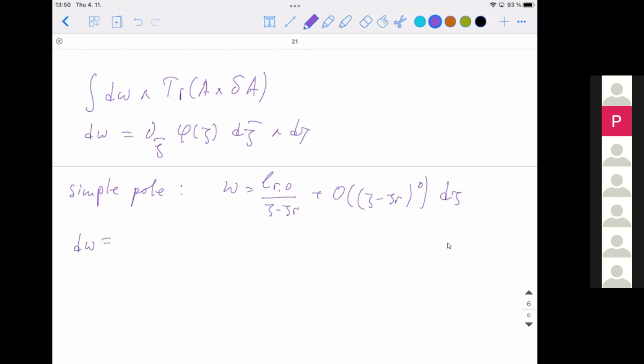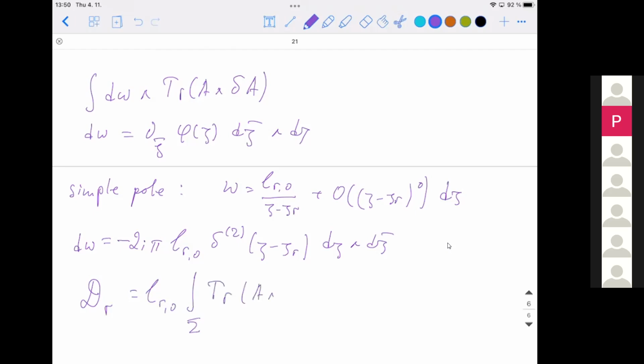So just 2i pi sum over zeta r, dz bar. So the distribution term, let's call it this. On R, zeta R is just this on sigma, trace A delta A on zeta M.